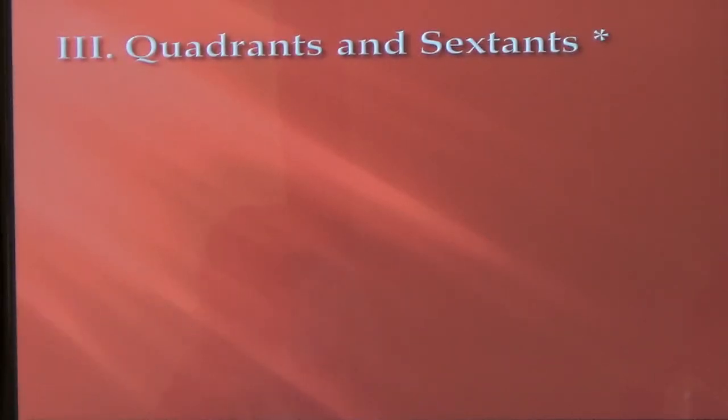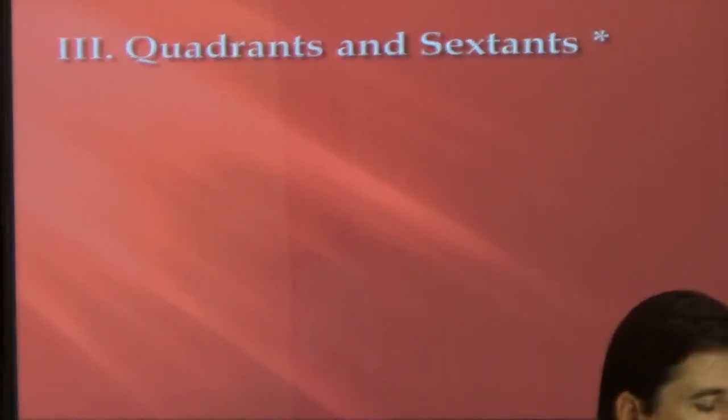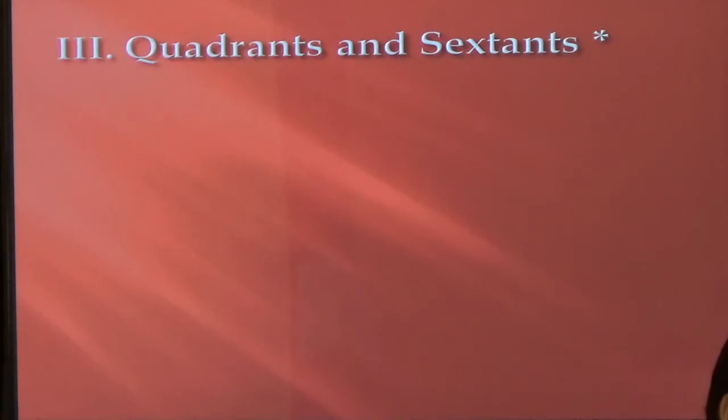Okay, quadrants and sextants. I need to get my drawing board here because it gets a little crazy. So quadrants, what does that mean? It's how the mouth is broken into different sections, not the teeth.